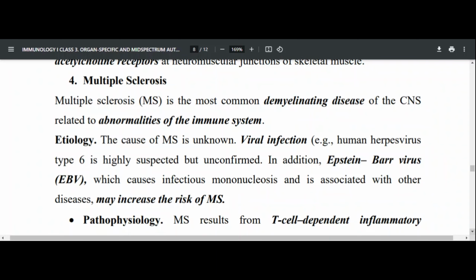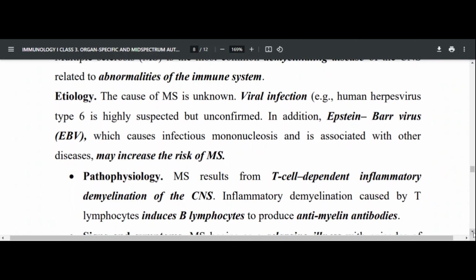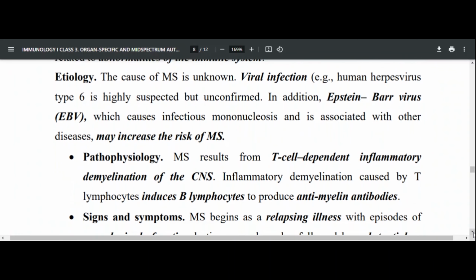The pathophysiology of multiple sclerosis is associated with T lymphocyte dependent inflammatory demyelination of the central nervous system, caused by T lymphocytes inducing B lymphocytes to produce anti-myelin antibodies.